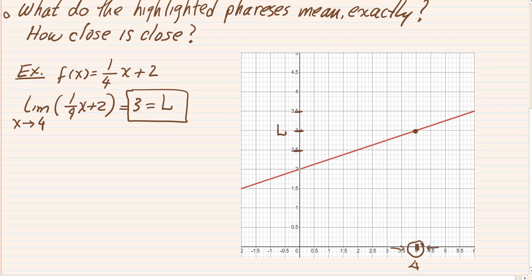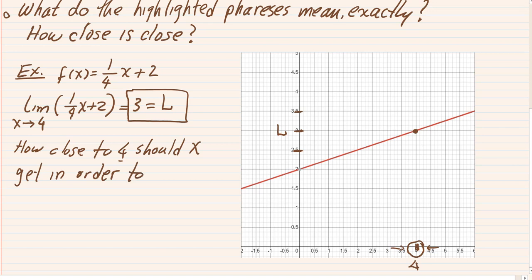Okay, so let me put the question. How close to 4 should x get in order to be within half a unit, 0.5, of the limit?